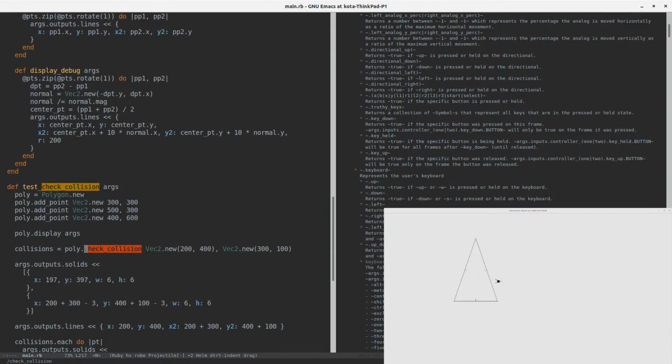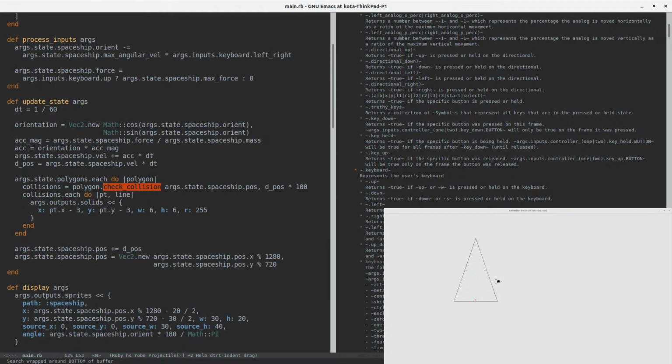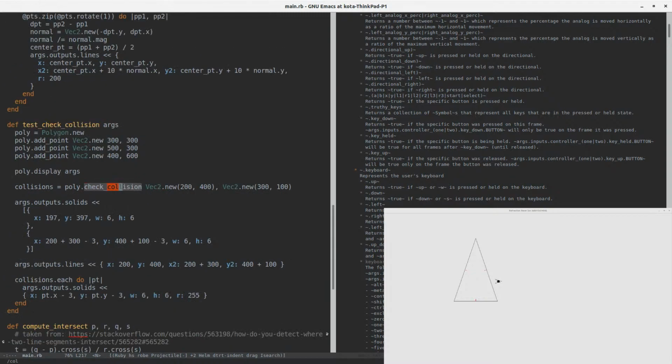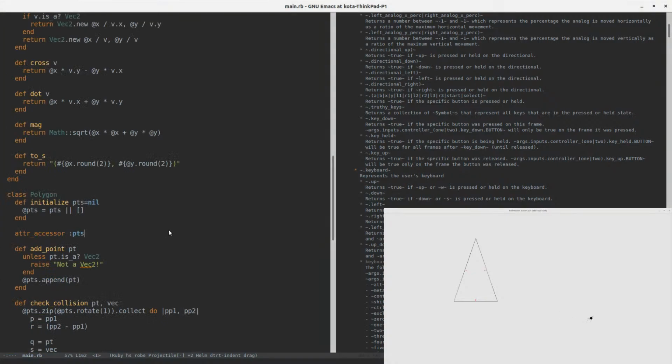Did I miss something here? Collisions. Okay, yep. Point, comma, line. And then we'll do that. So now presumably we return that, which we haven't actually used yet, so we don't see anything here.